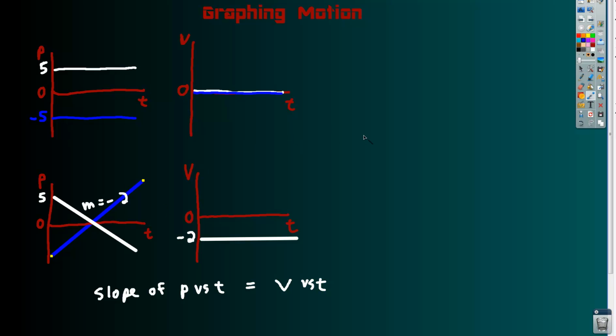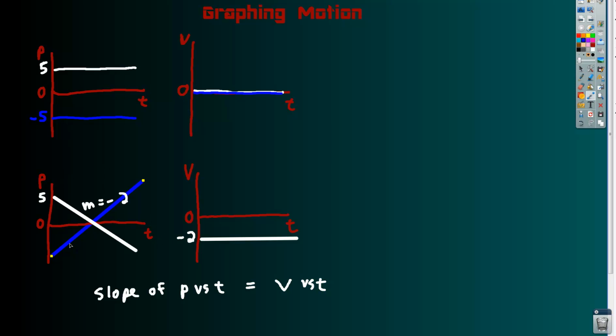So that's your motion. What does your velocity graph look like? Well, slope of the position graph equals the velocity graph. So your slope now looks about the same, 2. Depending on what units this is, meters per second. If your femur is broken, this is probably inches per year, or maybe some crazy long time and short distance.